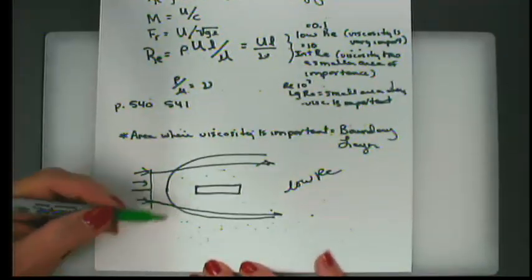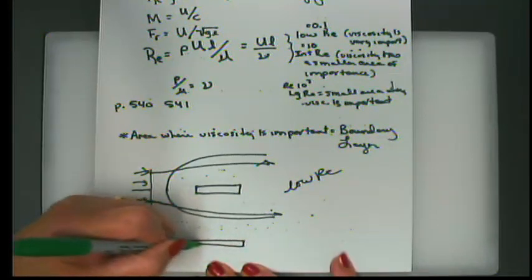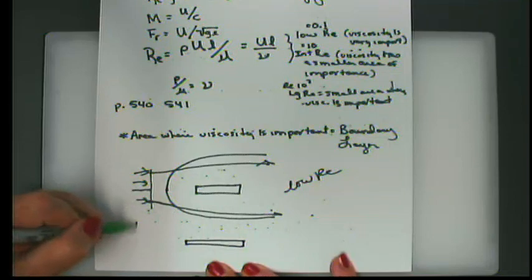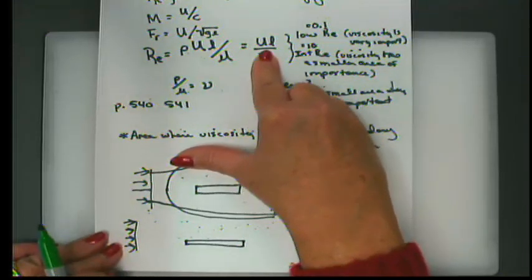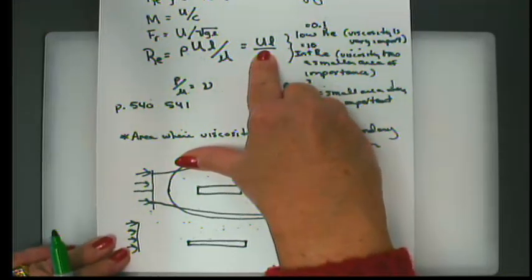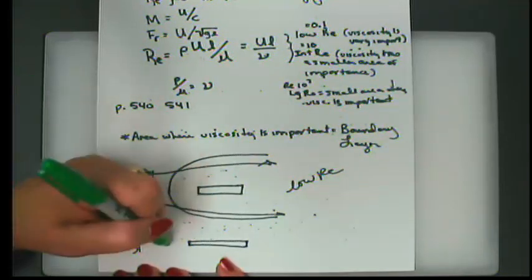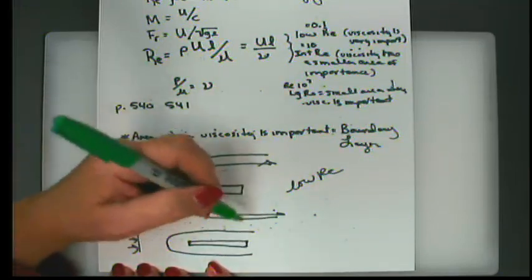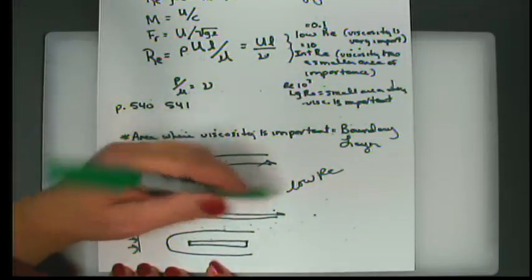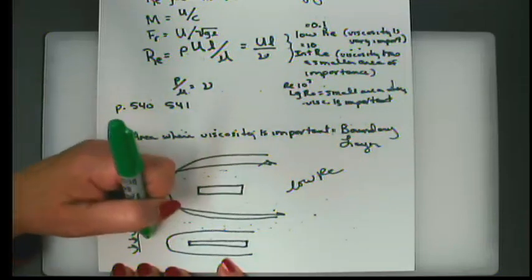When we get into intermediate Reynolds number, we might have this object, same kind of a flow profile, but if it's the same fluid and the same object, it's probably going to be moving faster, because velocity would probably be the variable that's changing in that case. We'll see that the boundary layer is much more smooth, and when I say smooth, I don't necessarily mean smooth, I mean it's smaller.